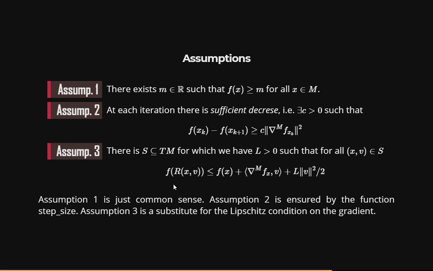So, for example, here you have to find S and L will depend on S, and they will both depend on F and R. If you change the retraction, you could change the set S and the constant L. But can you be sure that L and S exist for each retraction?